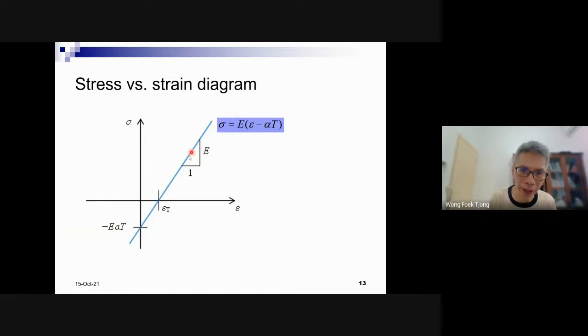And this line intersects the epsilon axis when sigma is equal to 0, right? When sigma equals 0, the strain is this one, epsilon T. Okay, let me write here.